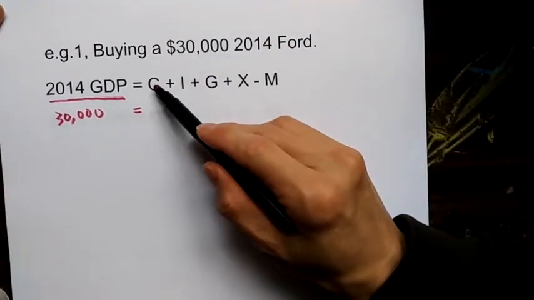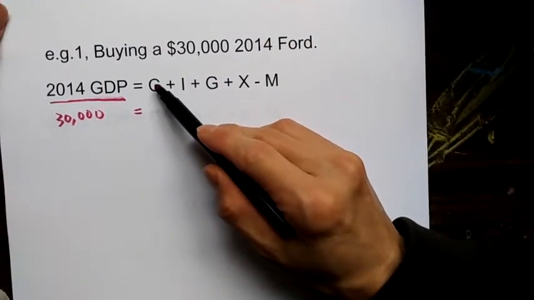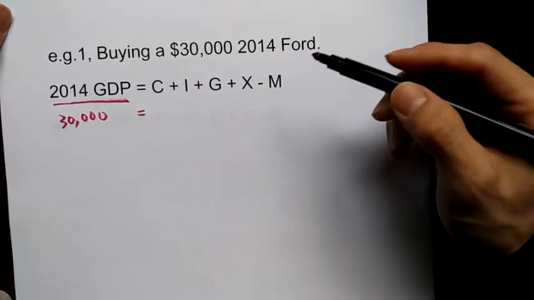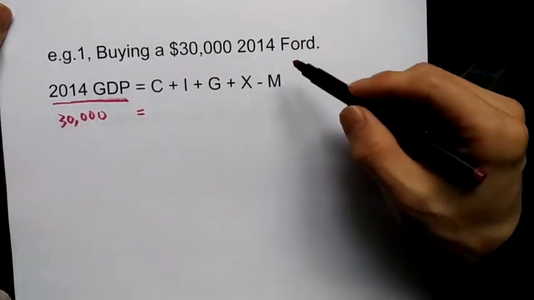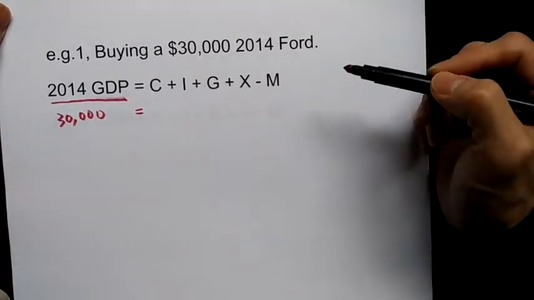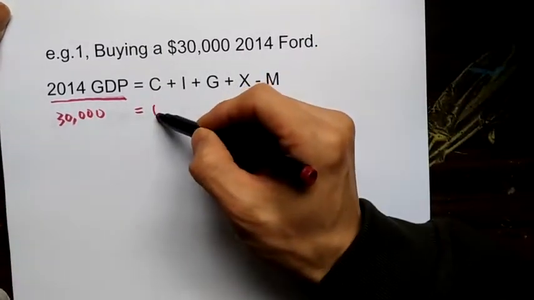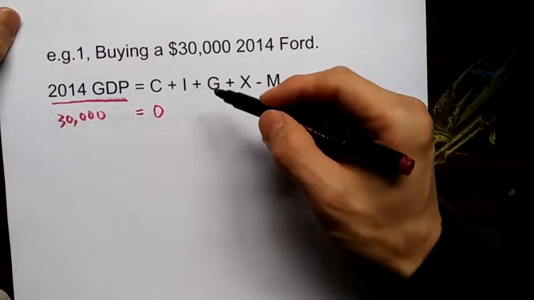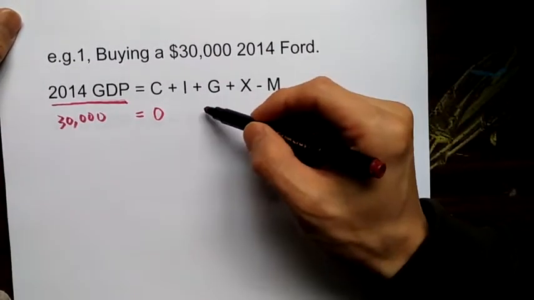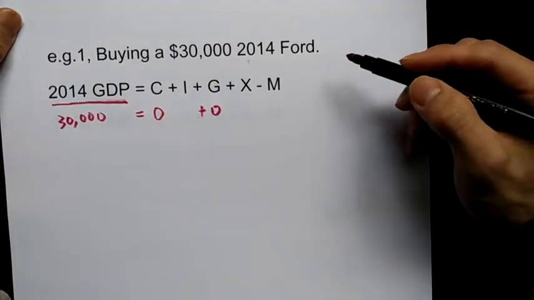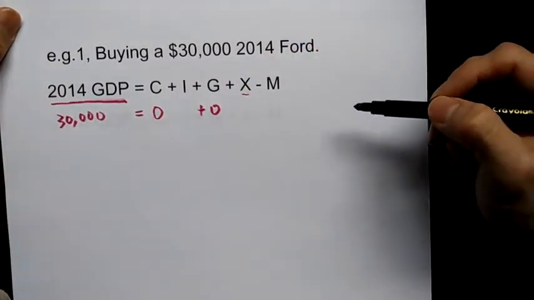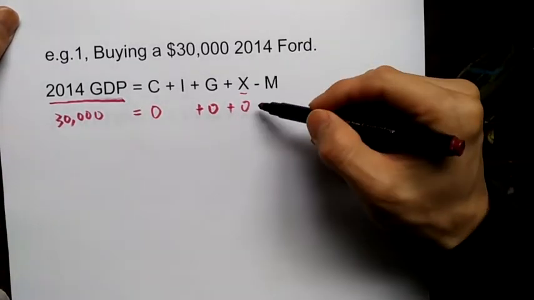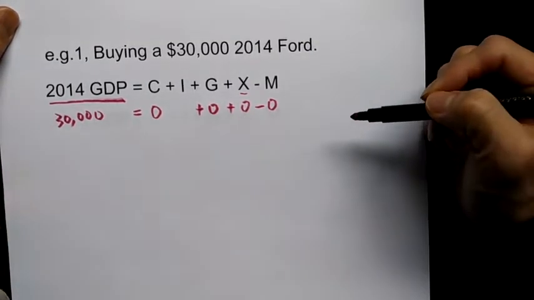Did household buy this car in 2014? The answer is no. You buy this car in 2018. So in 2014, consumption is 0. Did government buy this car? No. Did you export this car? No. Of course, it is not an import.